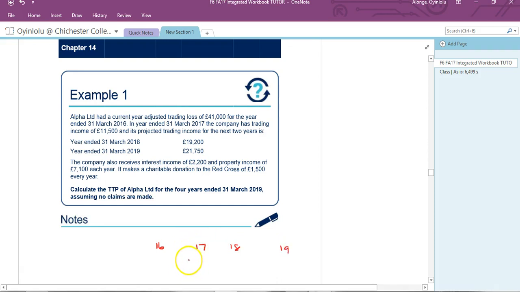Without wanting to do the whole thing, in 16 it tells you have a trading loss anyway of 41, so you have nothing there. But then in 17, it says you have 11,500. Then it says here you have 19,200, 21,750.